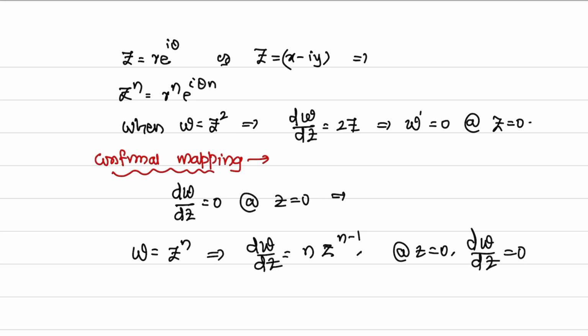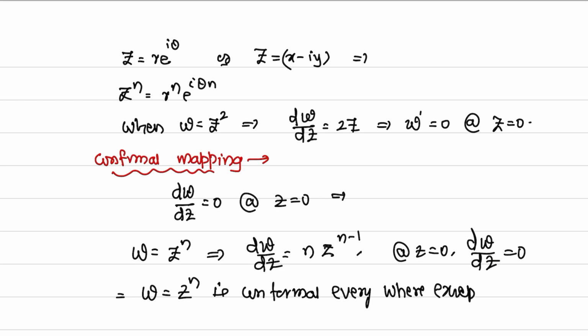It means W is equal to z to the power of n is conformal everywhere except at z is equal to 0. This is also one of the points we have to make a note of it.